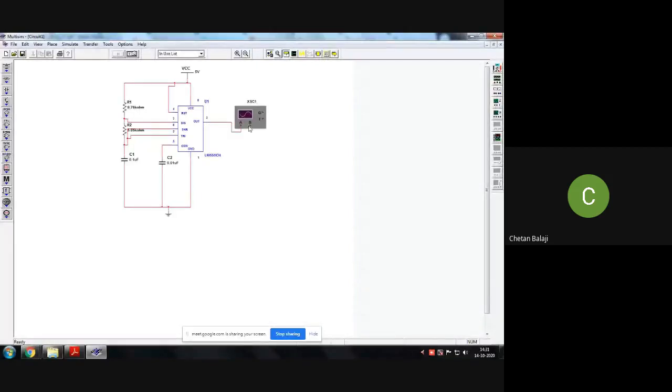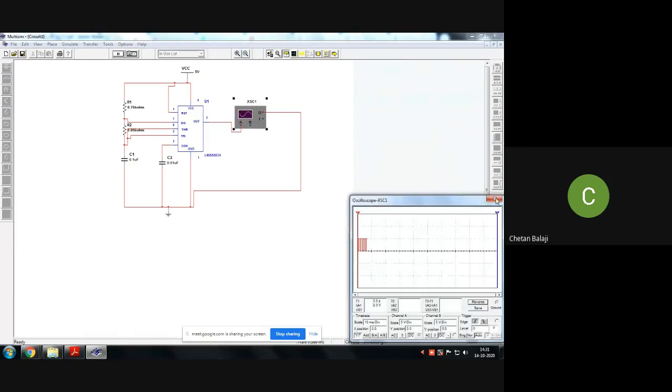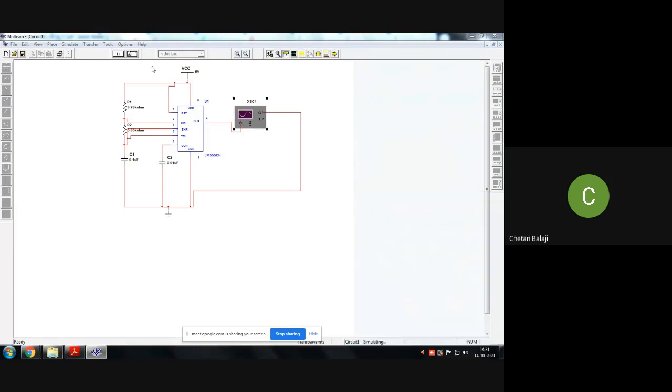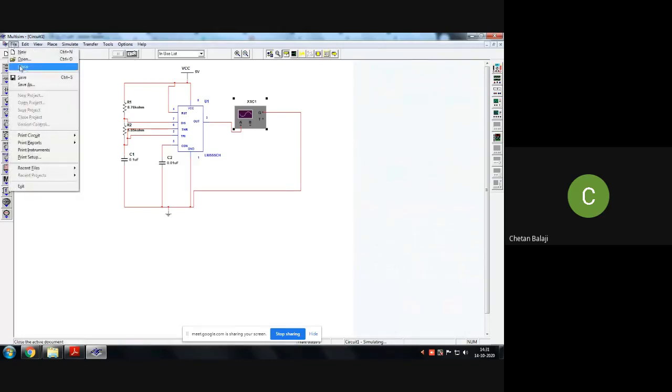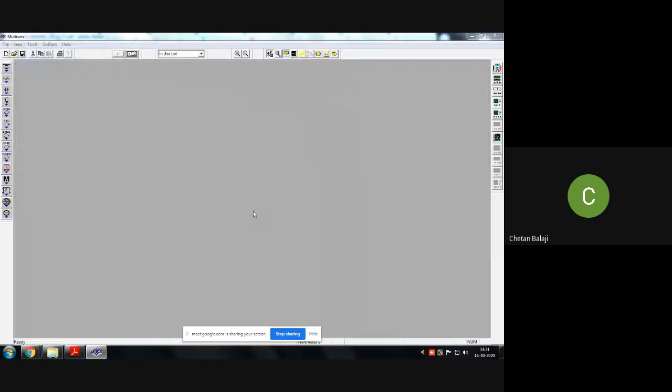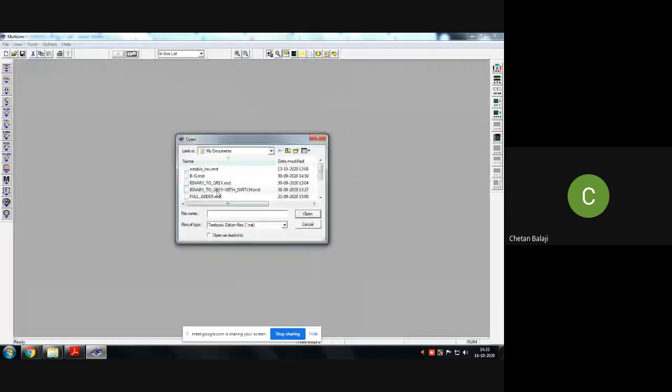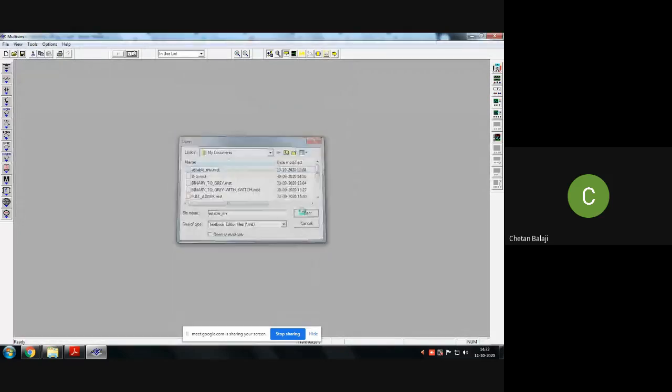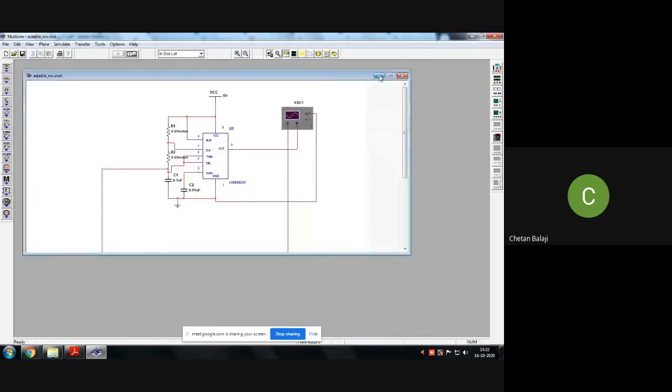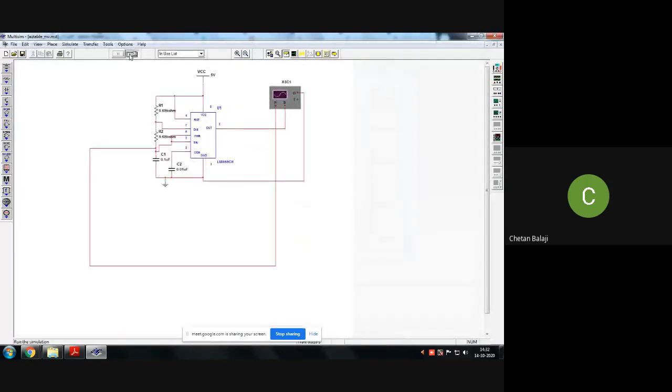Connect the ground pin to ground, and run. If you run, you can see the waveform.